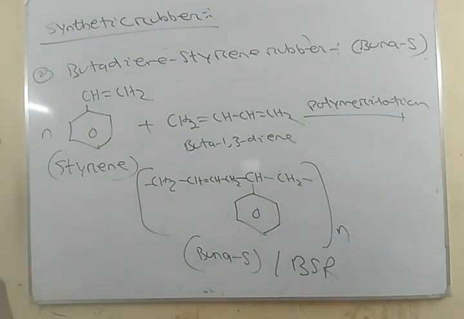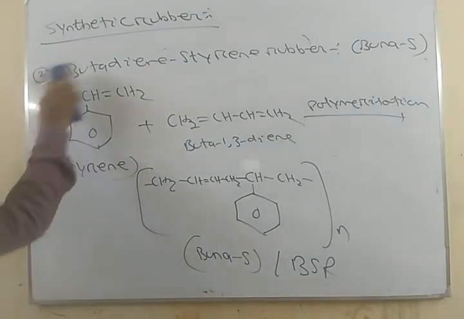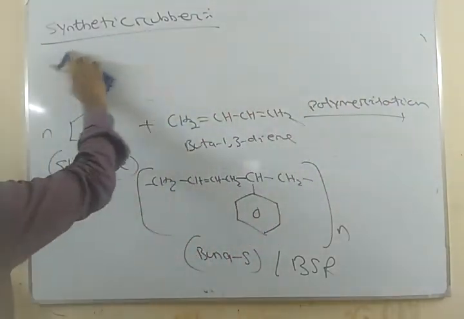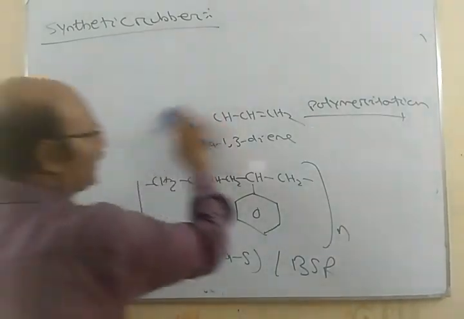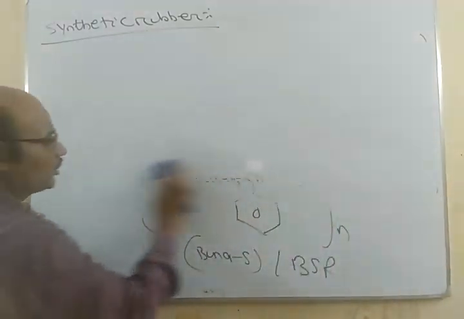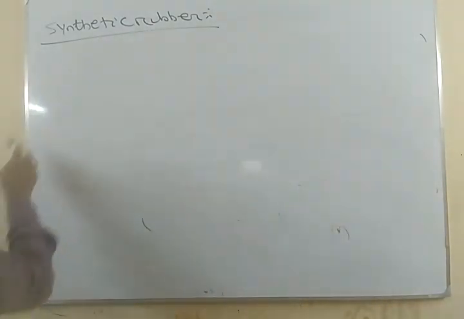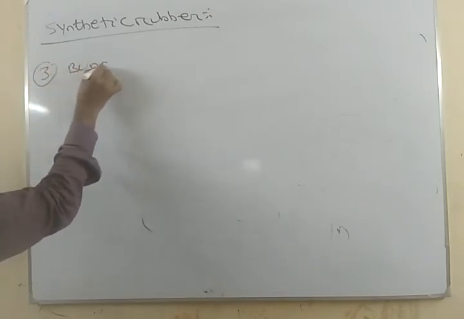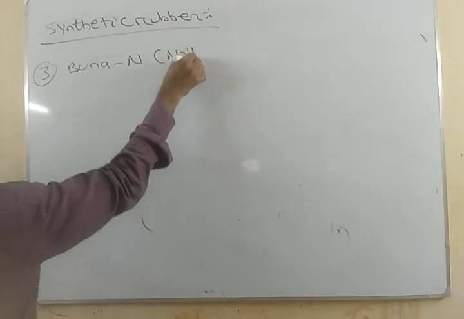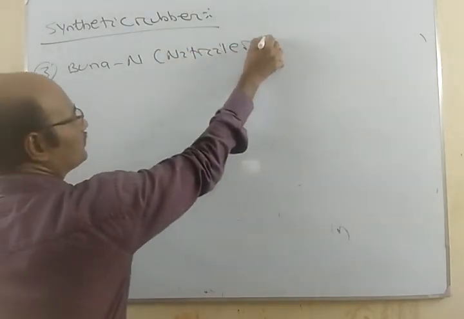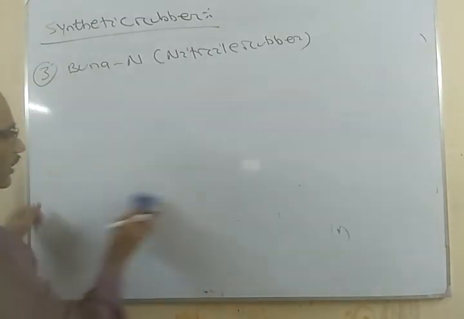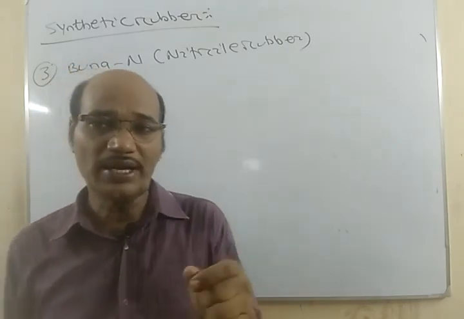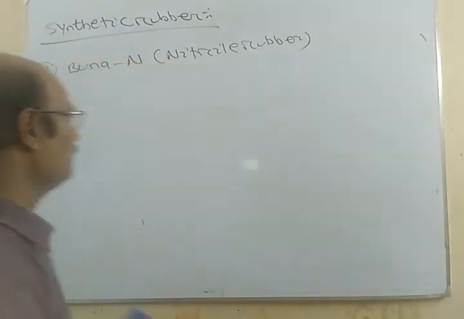The next part, number 3, Buna N, or nitrile rubber. Buna N is the polymer of butadiene and acrylonitrile.